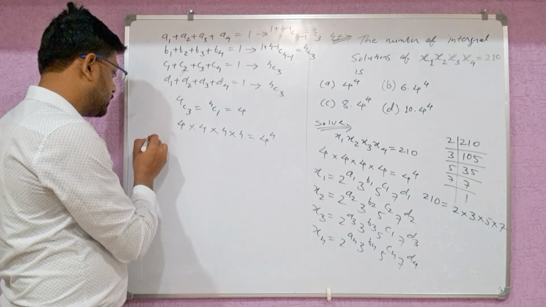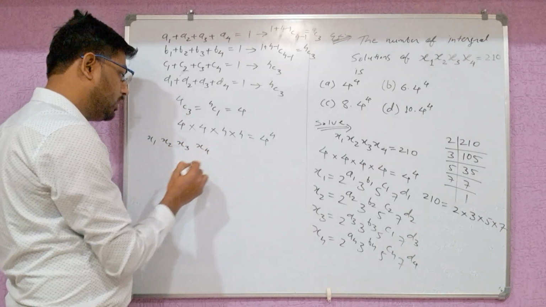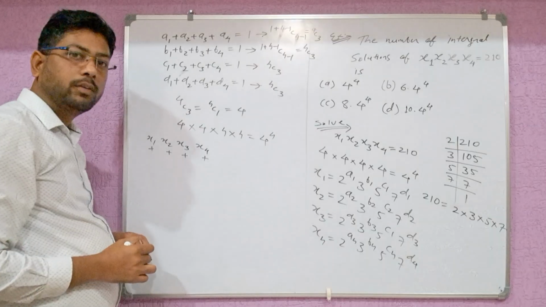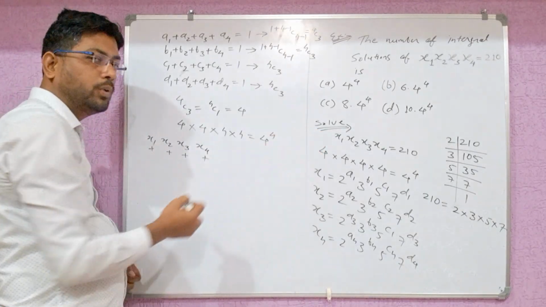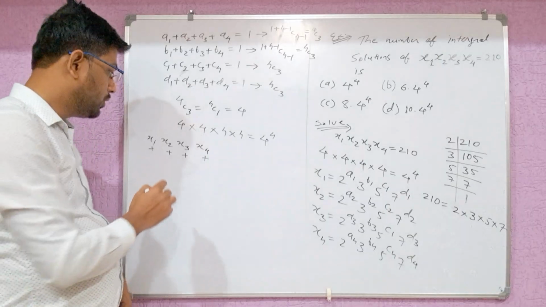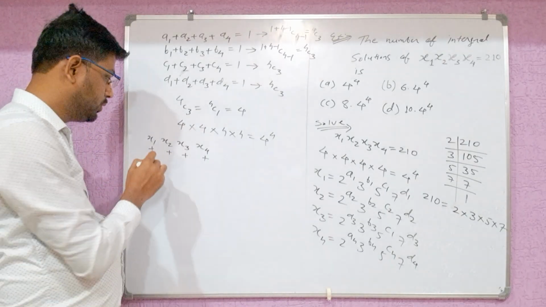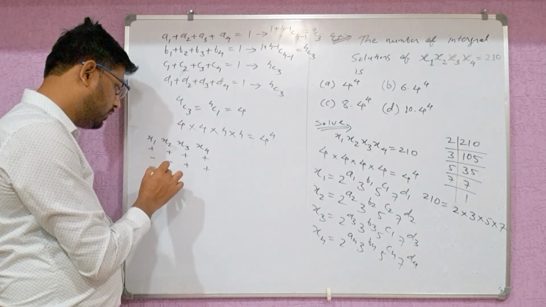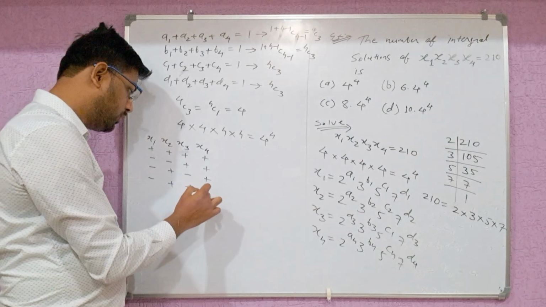Okay, so x1, x2, x3, x4. If all these 4 are positive, then we will get a positive number. That is 210, that is positive. Or any 2 will be negative. So first 2 I am taking negative, then first and third negative, then first and fourth negative.